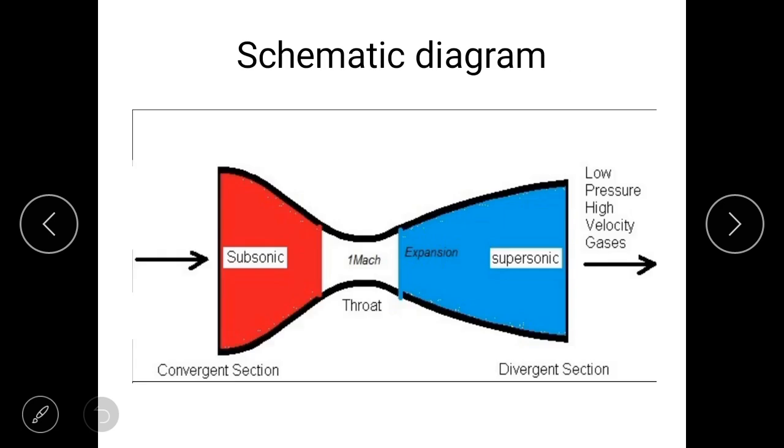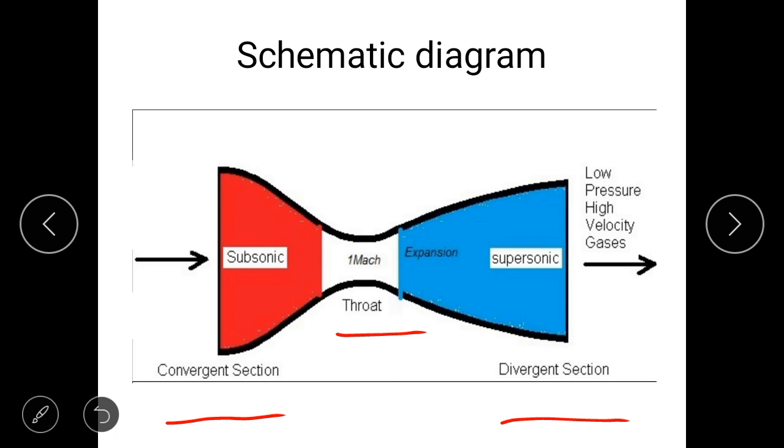This diagram clearly tells how the nozzle is working, the state of the flow, and the Mach number related to it. The first portion is the convergent portion, the middle portion is the throat portion, and the third portion is the divergent portion.